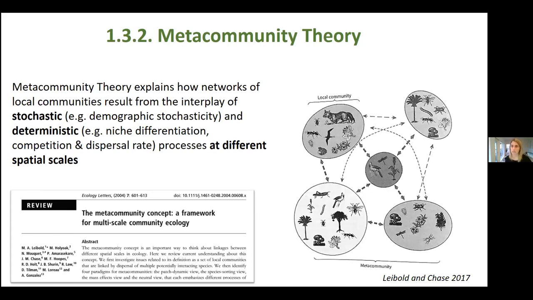So from this illustration from Leibold and Chase's book, you can see that in meta-community theory, we have well-defined local communities, which are represented by circles, which are linked to other local communities by dispersal, which is represented by arrows, the thickness of the arrows representing the rate of dispersal.